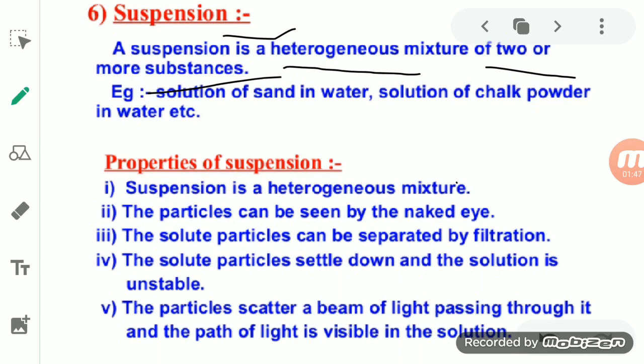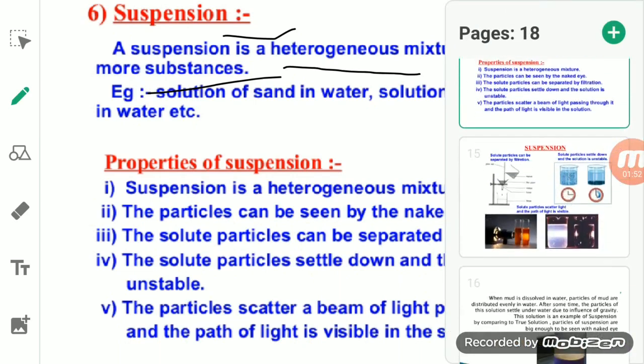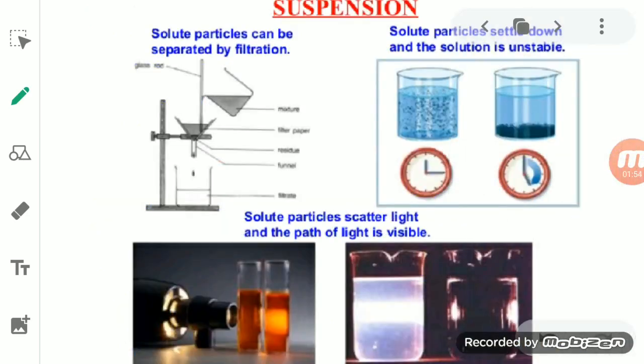Suppose you take a chalk and break it, or convert it into chalk particles, and you try to see whether this chalk can easily dissolve in the water, then you find that it remains suspended in the water, but it will never get dissolved in the water. So by the naked eyes only, you are able to see the different chalk particles in the water itself, and this type of mixture is known as a suspension.